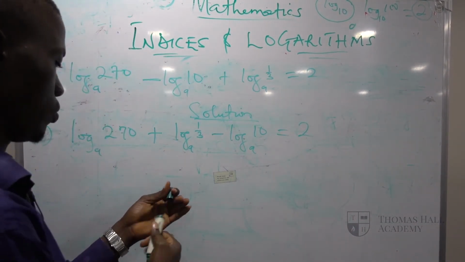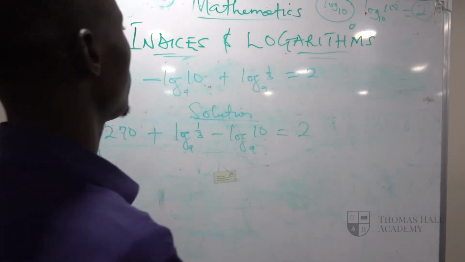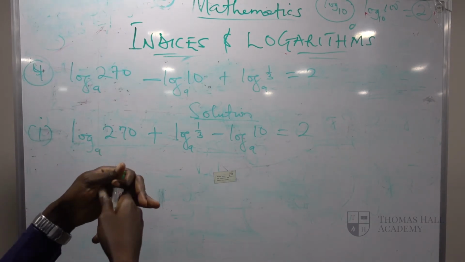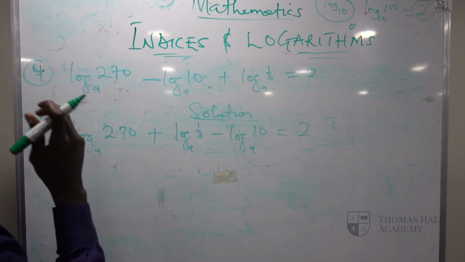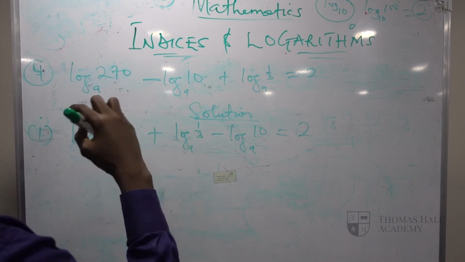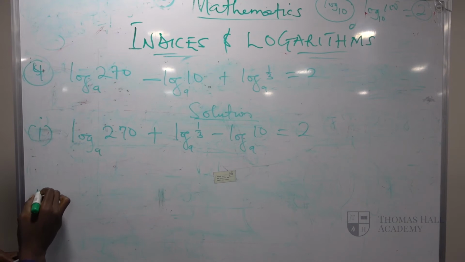Following the BODMAS rule, let's treat the addition before we treat subtraction. BODMAS, addition comes before subtraction. Now, that is rearranging this question based on the BODMAS rule. Log 1 over 3, we have log 1 over 3. Okay, let's go further.